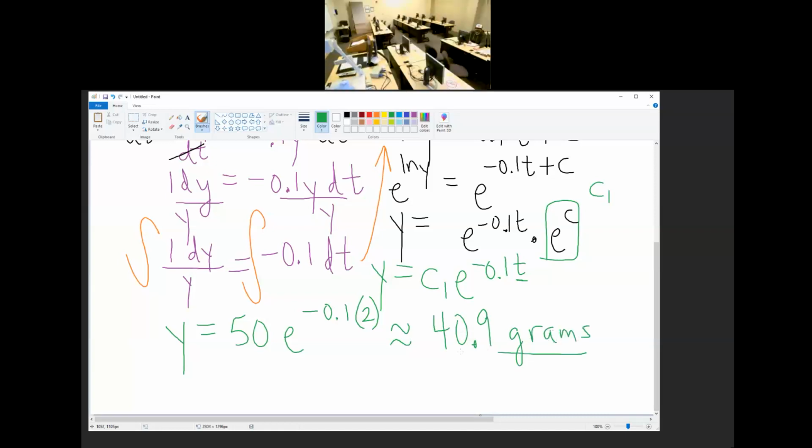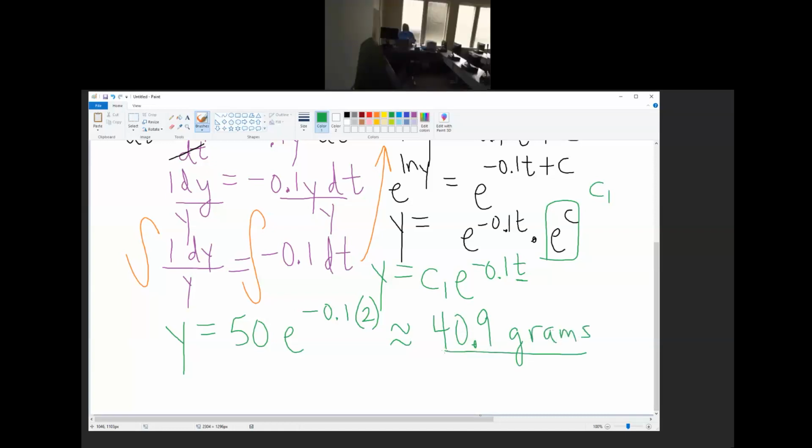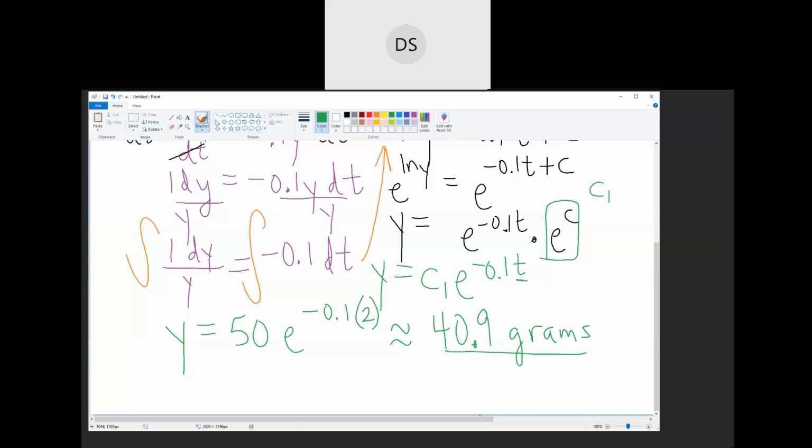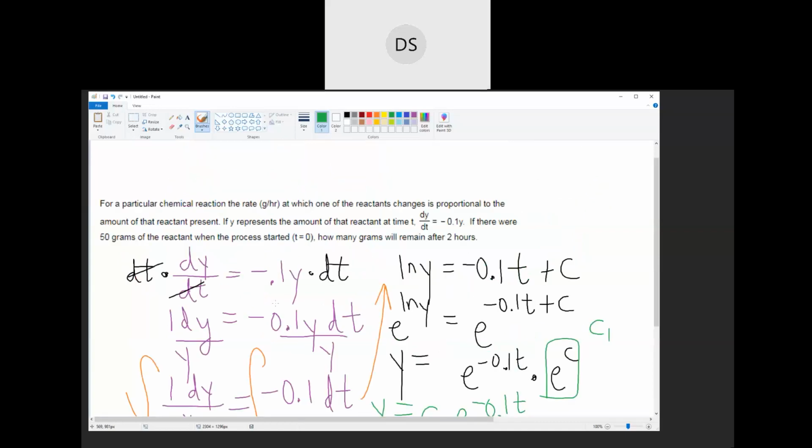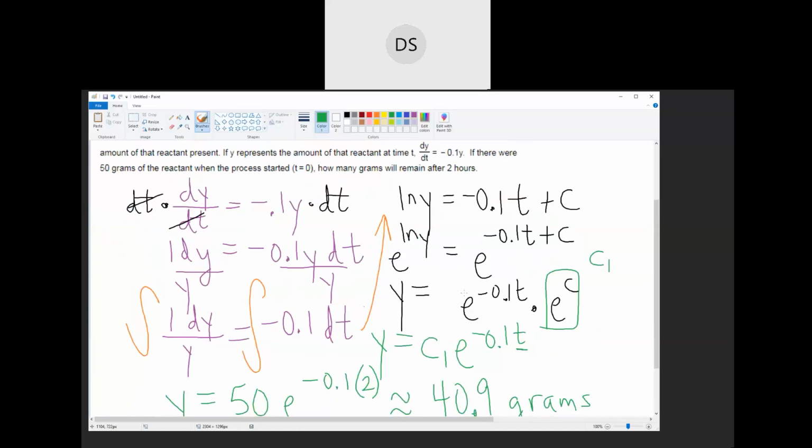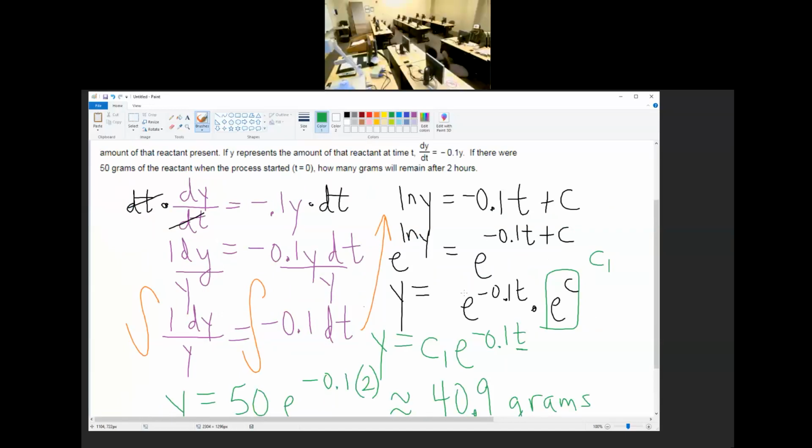Mr. Arnold. Yeah. Back up a couple steps where you had e to the negative 0.1 t times e to the c power. Could you plug that 50 into that part? Good question.